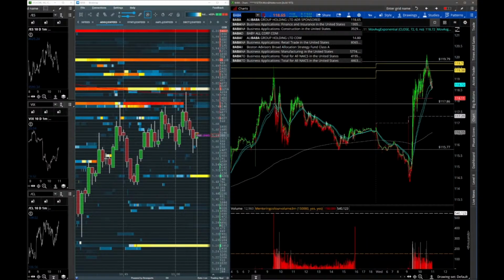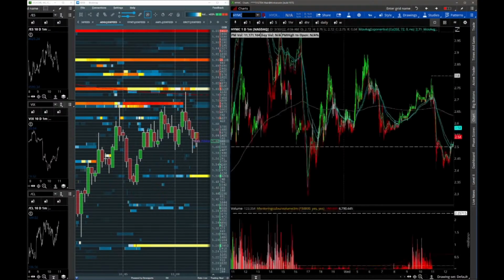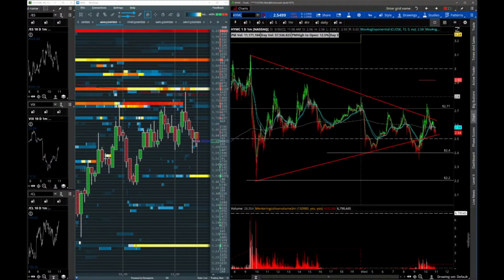BABA J-lines, but still inside that previous day range. HYMC, I'm still looking for this one. It's a multi-day play.